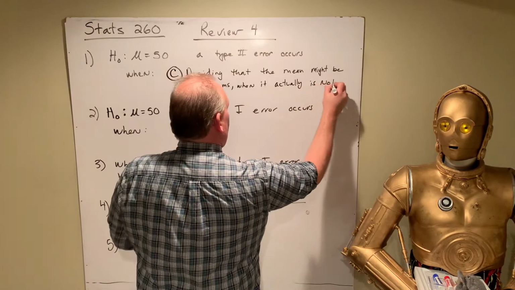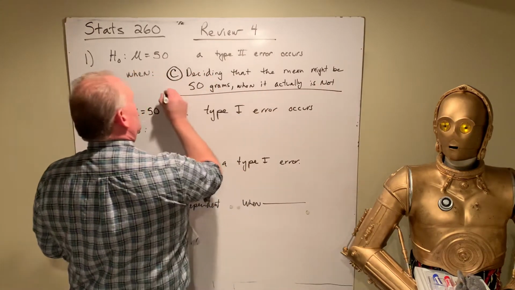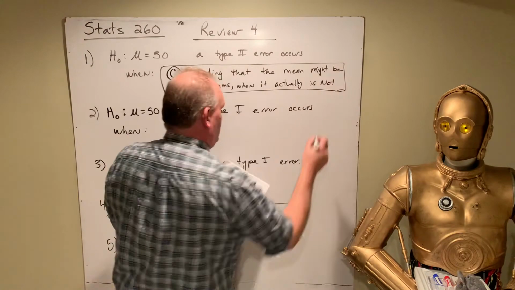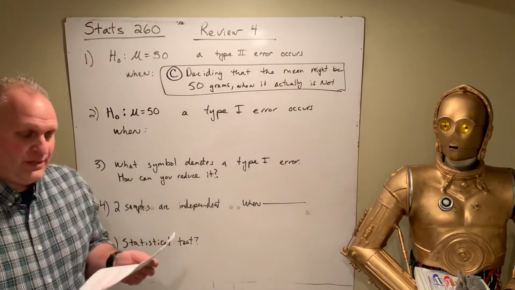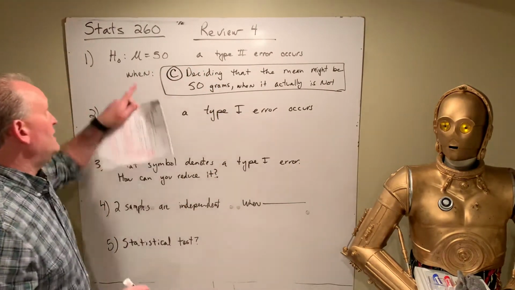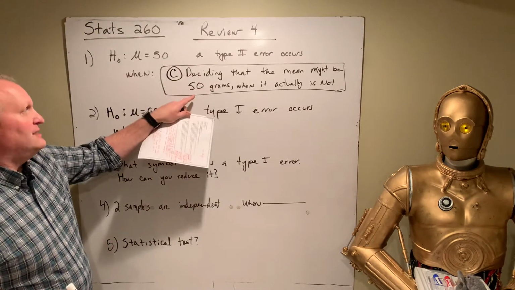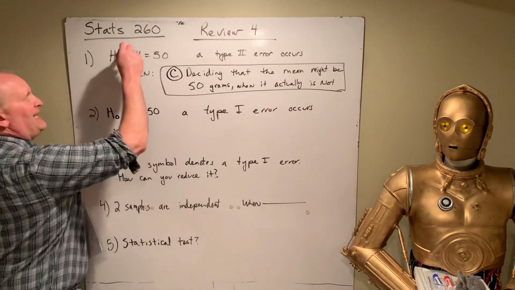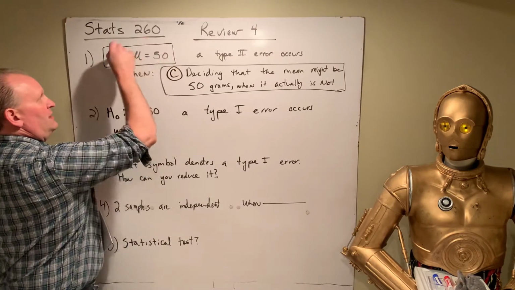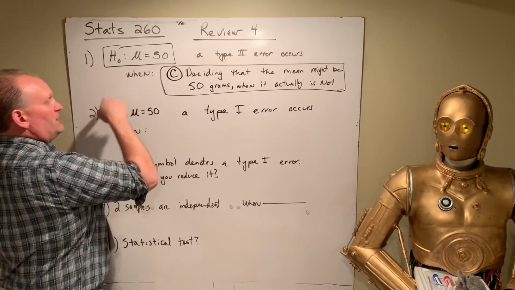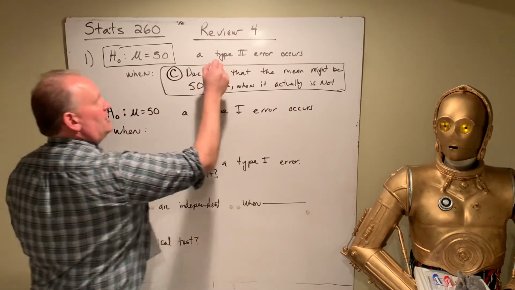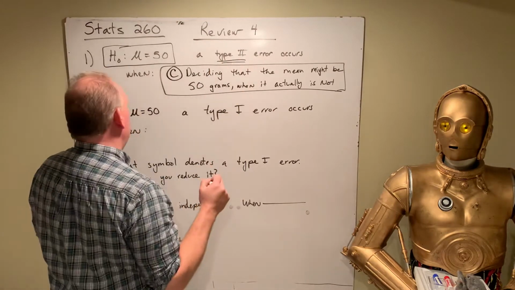So let's think about that in generalized terms. That would be you're failing to reject the null hypothesis. If the null hypothesis is mu is equal to 50 and you're deciding that it is 50, that means you failed to reject the null, but you should have. You should have gone with the alternative. That's what a type 2 error is.